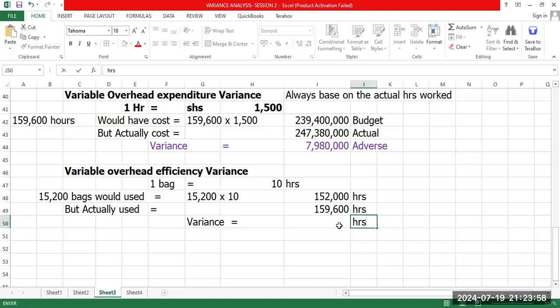Adverse. This one is also adverse because you are spending a lot of time. But we don't report in terms of time, we report in terms of amount. We multiply by standard rate per hour, the standard variable overhead rate per hour.